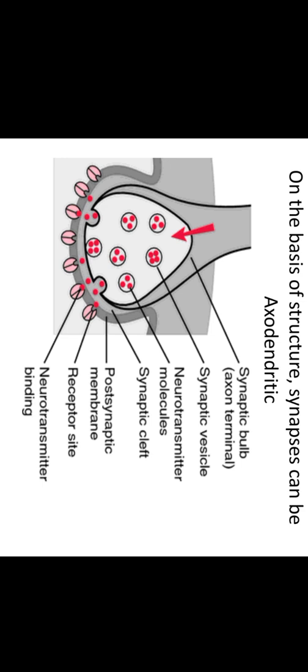So in this diagram, you see synaptic bulb or axon terminal, synaptic vesicles, neurotransmitter molecules, that is chemical, synaptic cleft, the area or gap between axon and dendrite, postsynaptic membrane, receiver site or receptor site, and neurotransmitter binding.